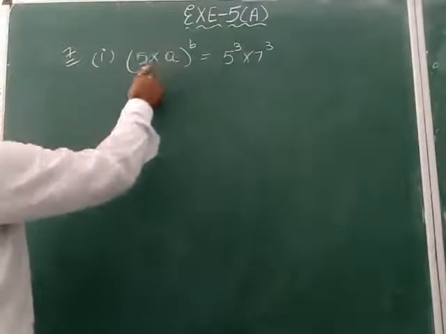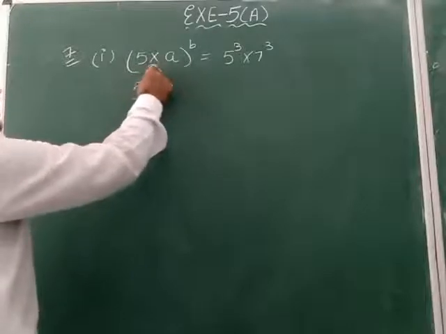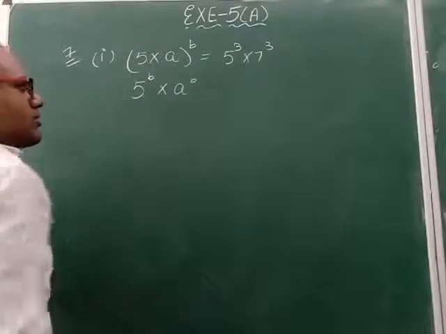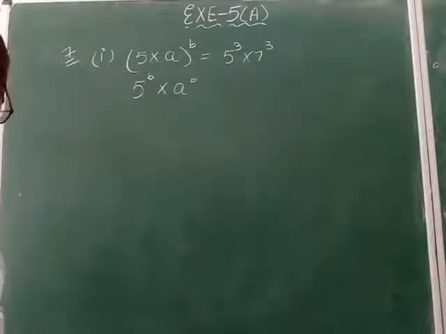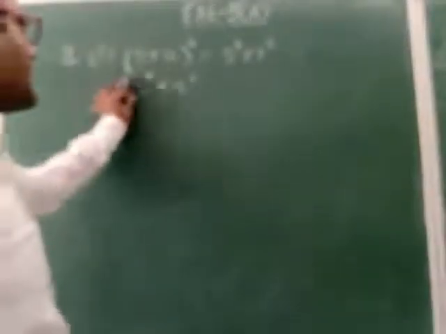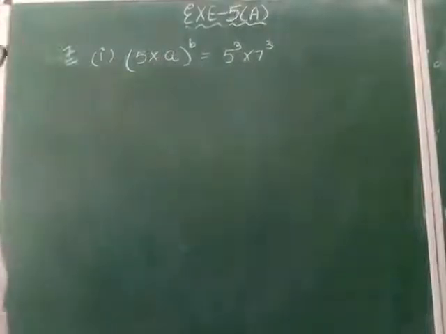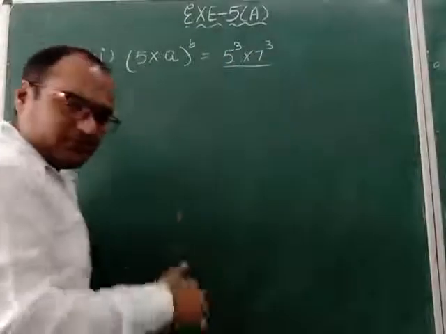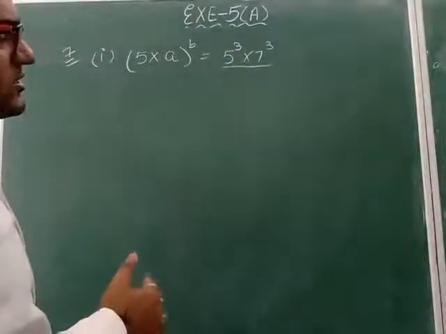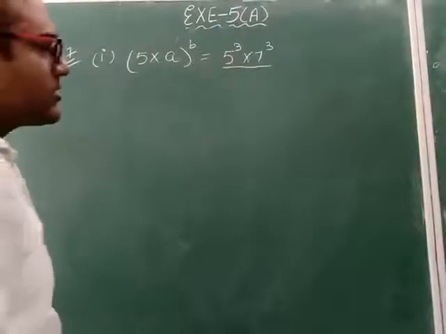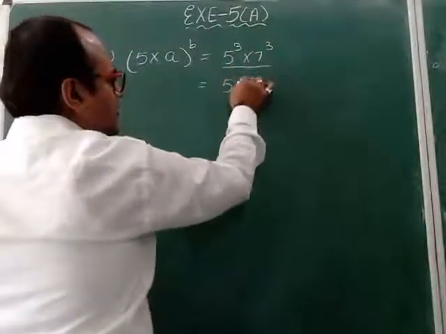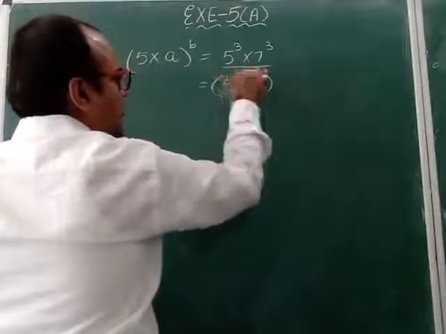Whole means we have to take it on both the numbers: 5 power b multiply a power b. Or we can do one more thing, there is an easy method. What is the easy method? These two numbers are having the same power 3. So since powers are same, no need to write these two powers separately. We will take one single power as a whole.